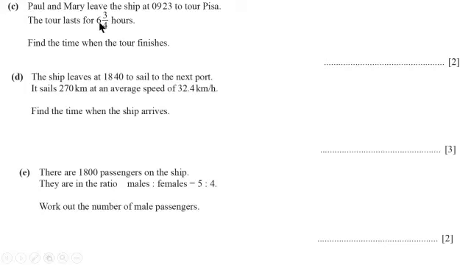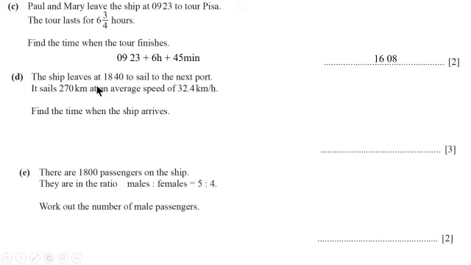So we have 6 hours and 45 minutes, and we must add them to the start time, which is 9:23. Of course, 23 plus 45 will exceed 60 minutes. Take 60 minutes to be 1 extra hour and calculate it easily to be 16:08.